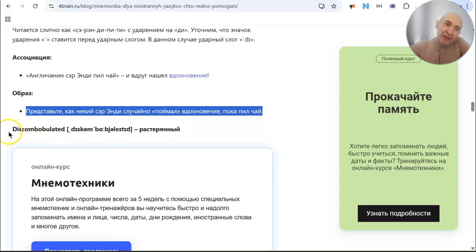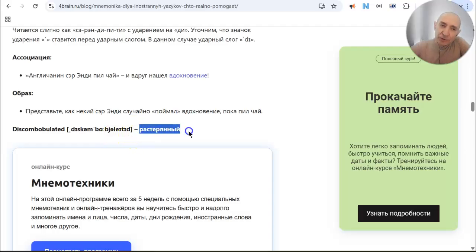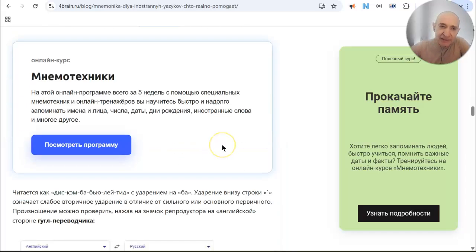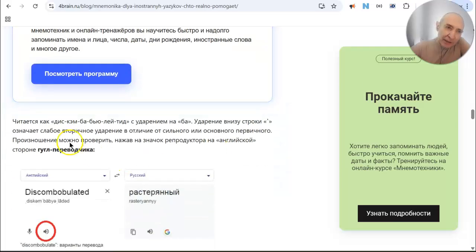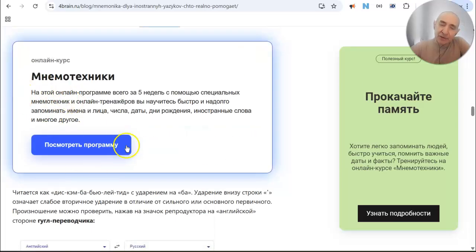And then we have our next word, discombobulated. And they translate that into Russian as растерянный. Растерянный is kind of confused, embarrassed. Okay, and now we will skip. It's a kind of a promotion here.